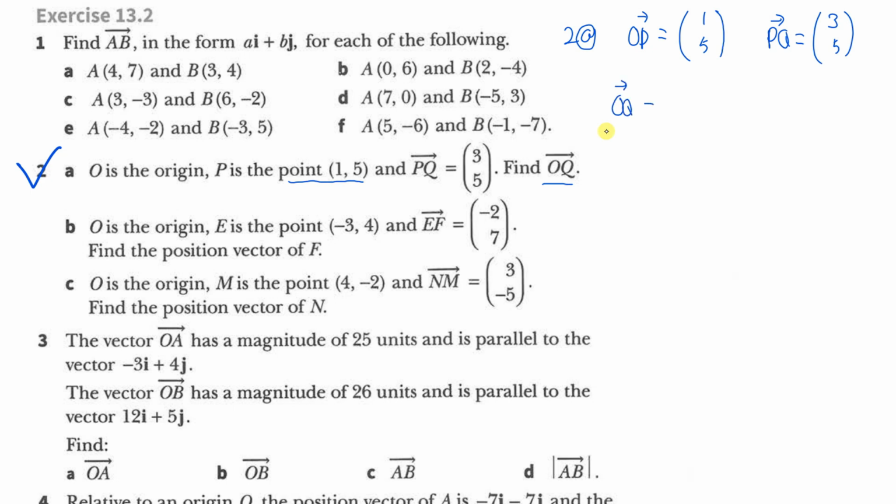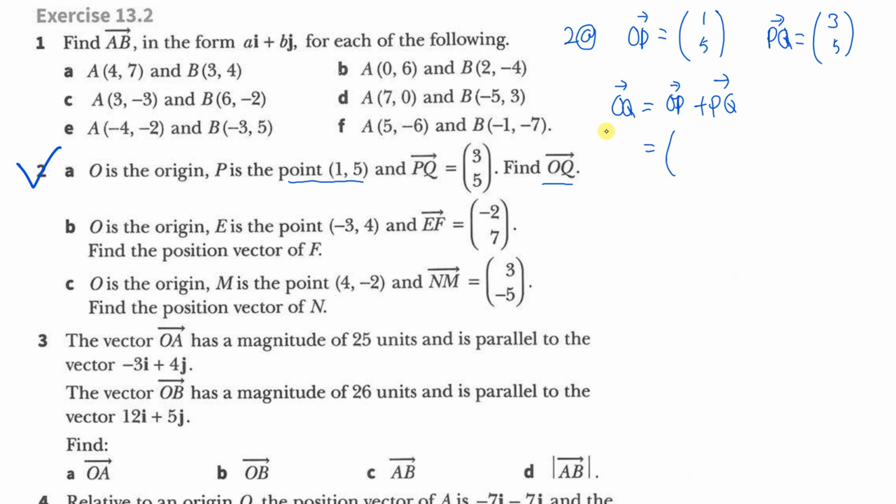It is easy; we can go directly: OP, then if we add from O to P and then P to Q. Because the position vector is written already in terms of O, we cannot write something minus something. So OP plus PQ. You need to know both forms of how to write.